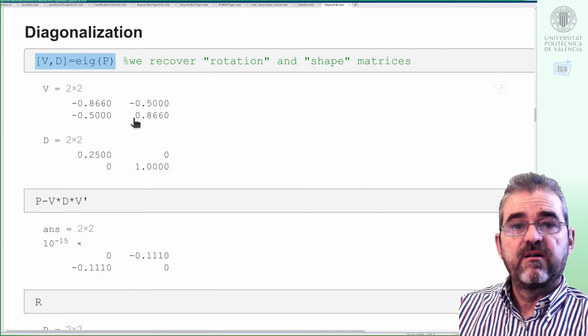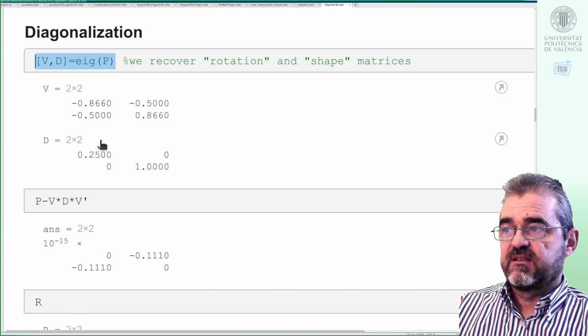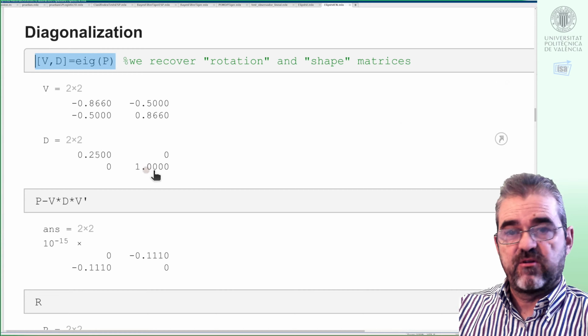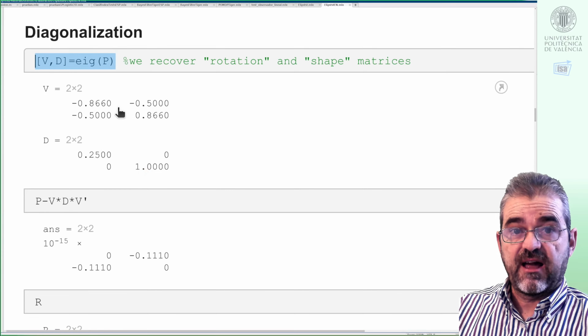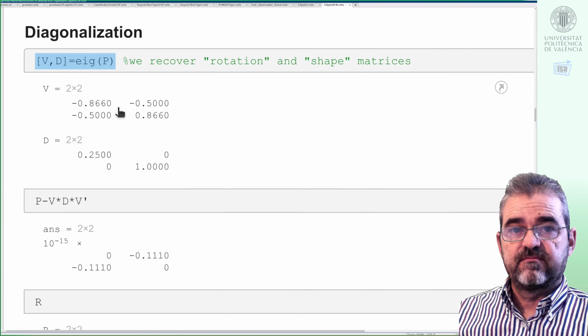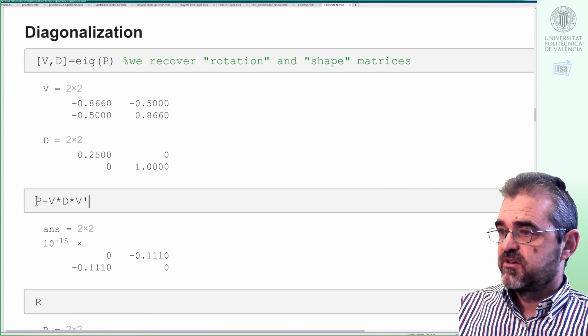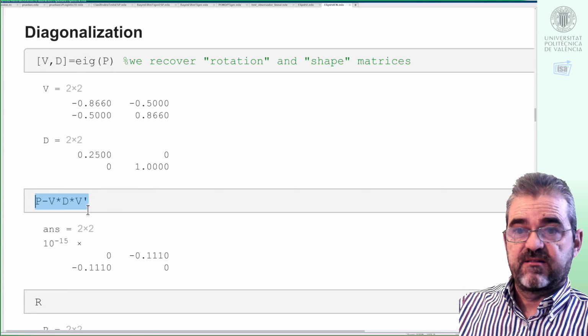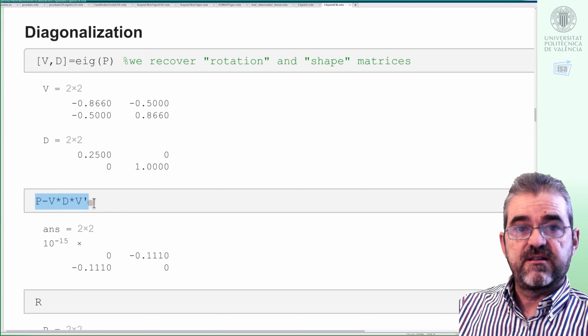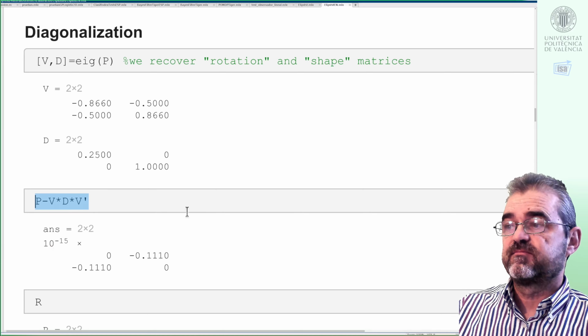Indeed, this is the diagonalization command, in which I get a diagonal eigenvalue matrix and an orthogonal eigenvector matrix. Any symmetric matrix has orthogonal eigenvectors. So P is factorized as this thing; 10 to the minus 15 is just 0.